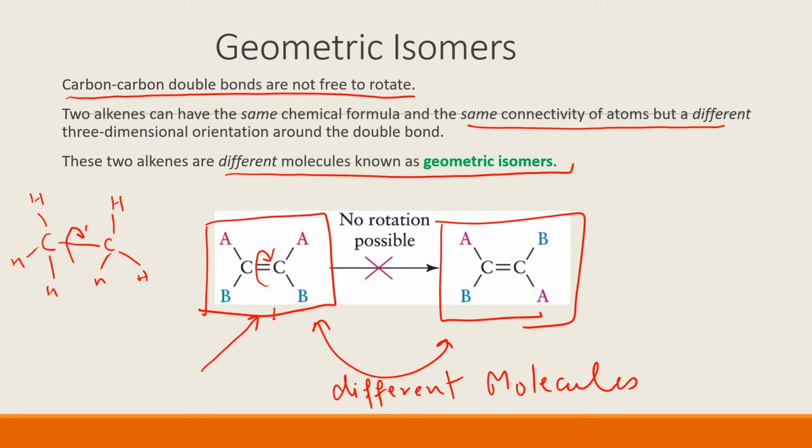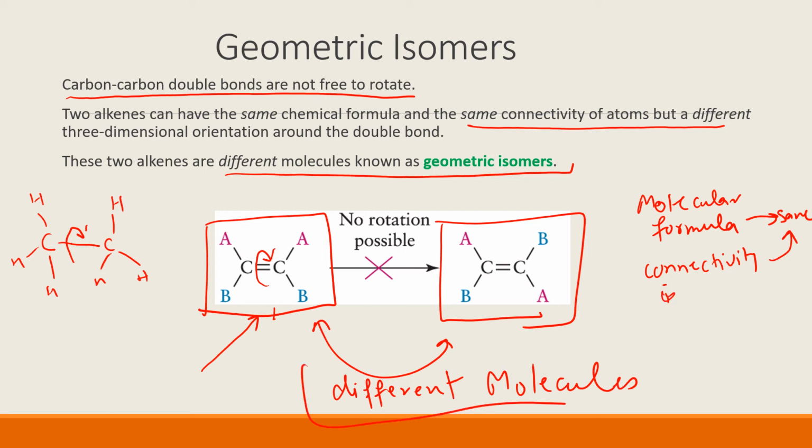So these kind of compounds where molecular formula is same and connectivity is also same, however they are still different molecules, so these molecules are known as geometric isomers.